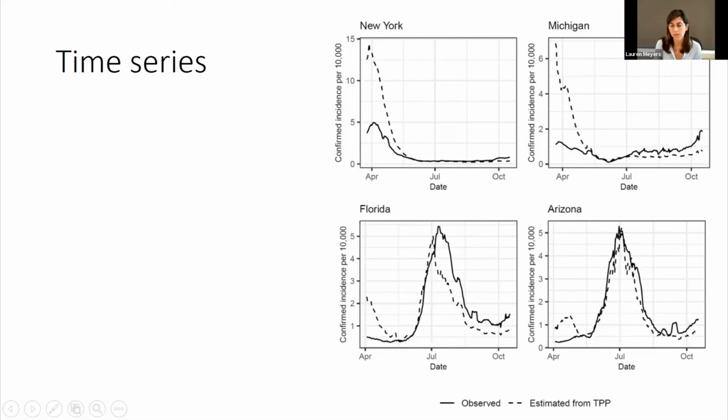With this graph, the dashed lines, is one way to interpret it like the closer the two lines are together, the more reliable TPP is as an indicator of incidence? I think the interpretation would be there have been fewer changes in testing practices over time.